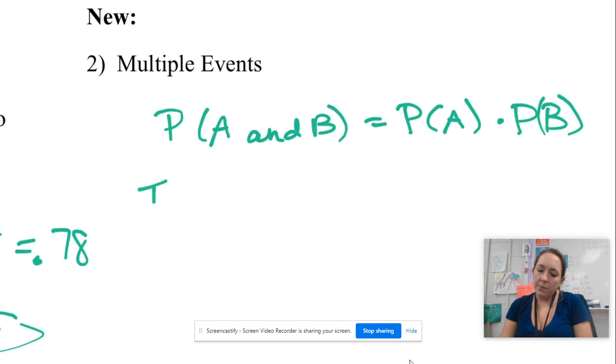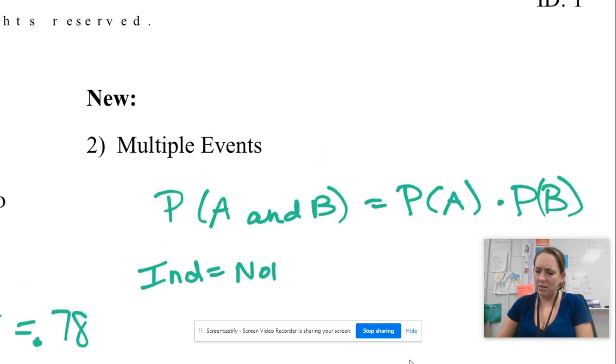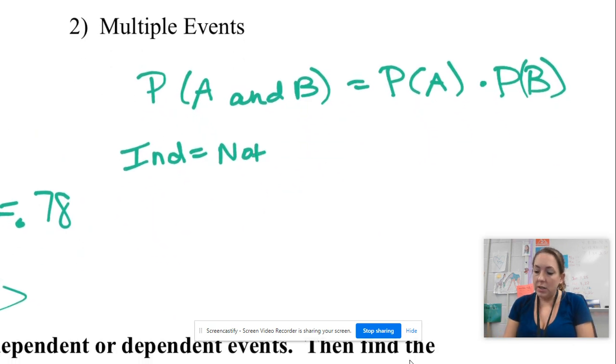If these events are independent, what you're looking for is that they have nothing to do with each other, like they're just not related events, like rolling a die and flipping a coin. Those are two completely different things.